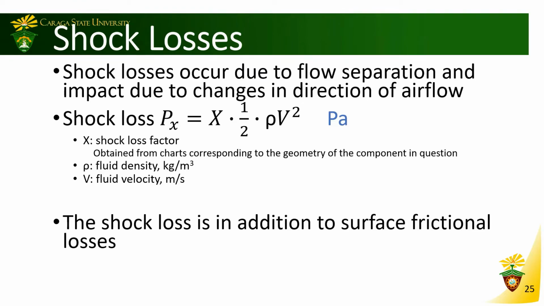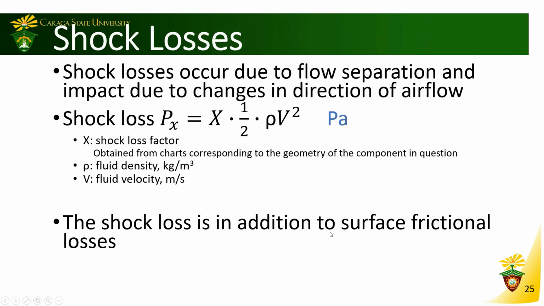It is important to note that shock loss is in addition to surface frictional losses. So we've discussed surface frictional losses a while ago, and its corresponding details. The shock loss is another type of loss that is added to the surface frictional losses.